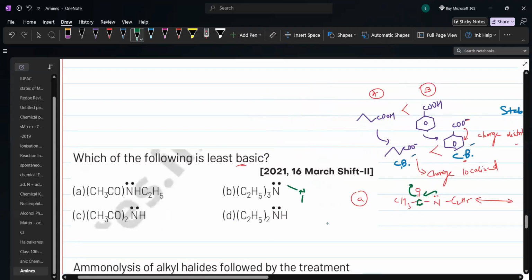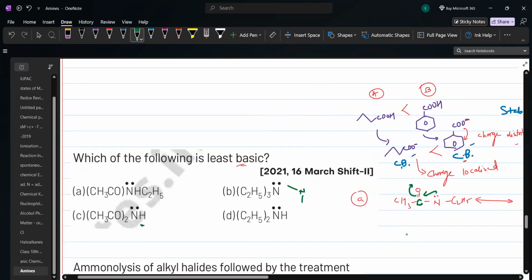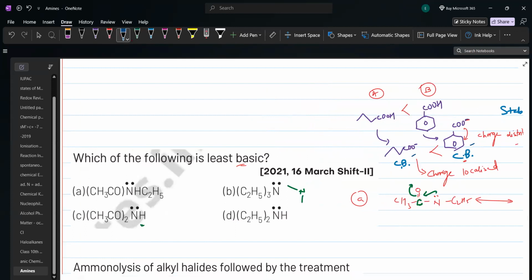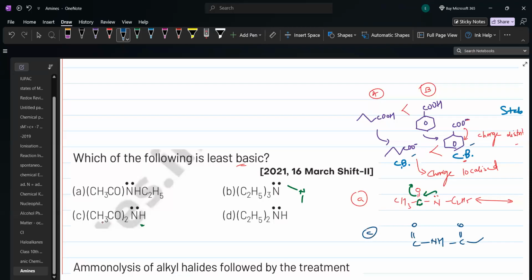In the third one, see, this is a little unique. What happened here is we have this NH CO C2H5 CO COCH3.